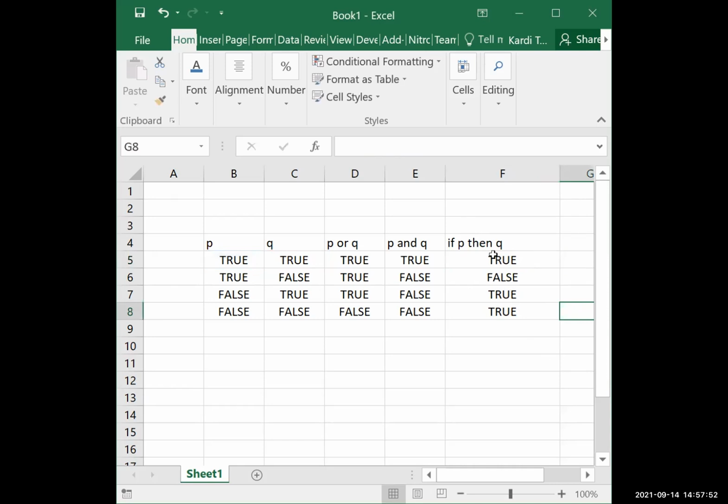So, you see here, when if P, then Q becomes false: when P is true and Q is false. Yes, if the conclusion is false when the premise is true, then that argument becomes false.